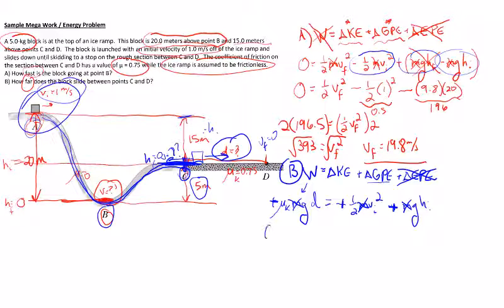So I'll put in my mu k, which is 0.75, plug in gravity, 9.8, D. And then over here I have 1/2 times this 1 squared, so that's just going to be 1/2 again. And then plus, I have 9.8 times 15. So that's going to be 147, I think.